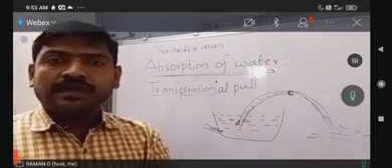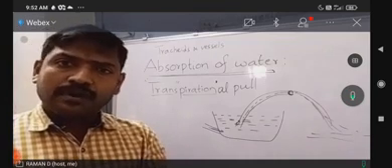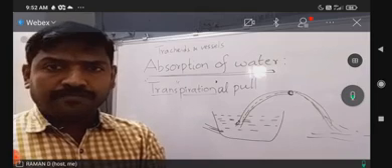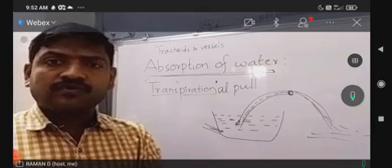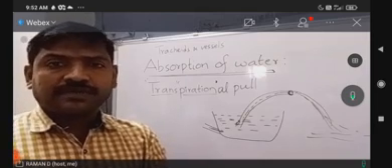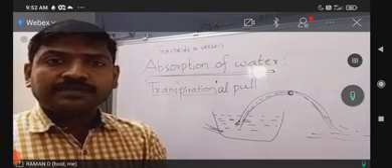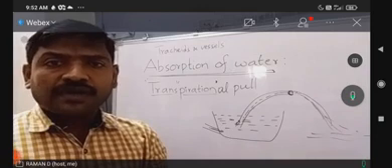Both root pressure and transpirational pull operate the transportation of water through xylem, but the major driving force during the daytime is transpirational pull, and during the night time is root pressure.